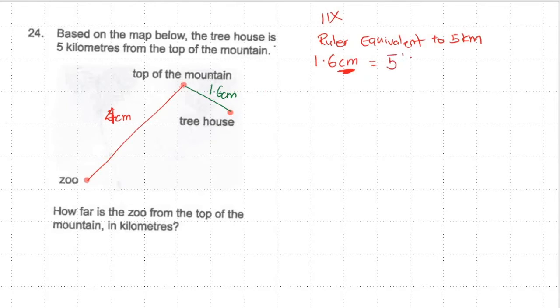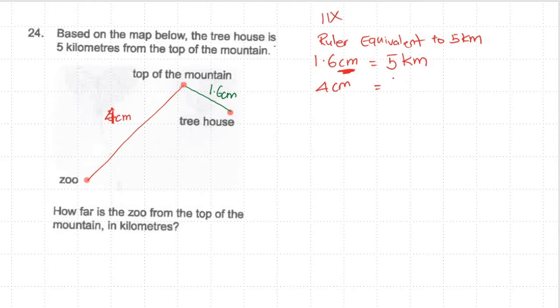So I say that paper wise, if here says 4 centimeter, I want to change it to kilometer, as in what is the actual travel, right? I can do it like that.